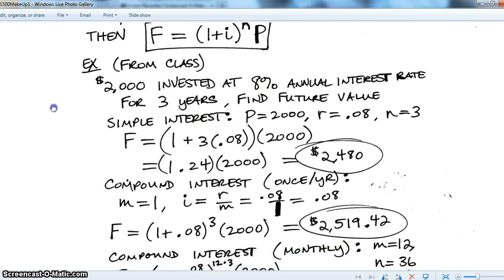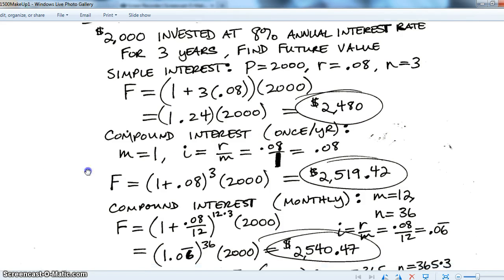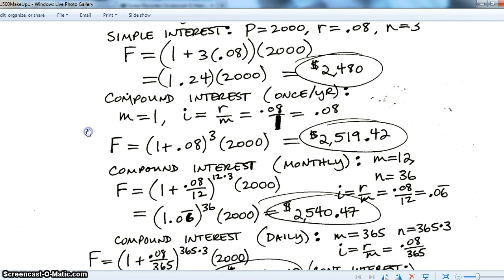So the example we did from class was $2,000 invested at 8% annual interest rate for 3 years, finding the future value. If you do simple interest, then the future value is 1.24 times 2,000, or 2,480. If you do compound interest once per year, so you're only compounding once a year, then after 3 years, you get 2,000 times 1.08 cubed.